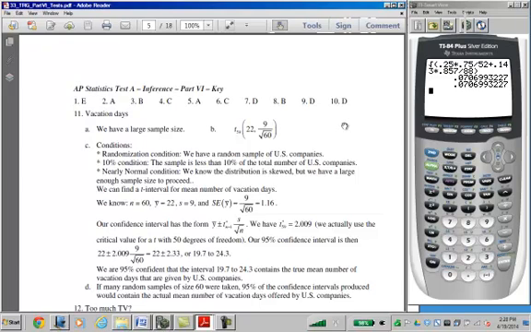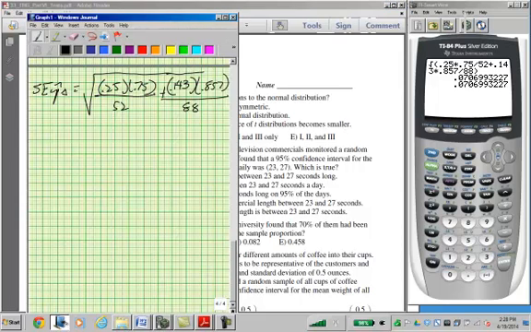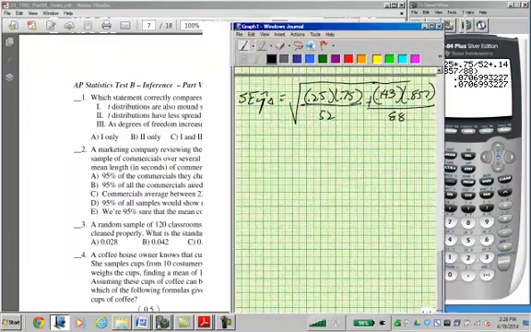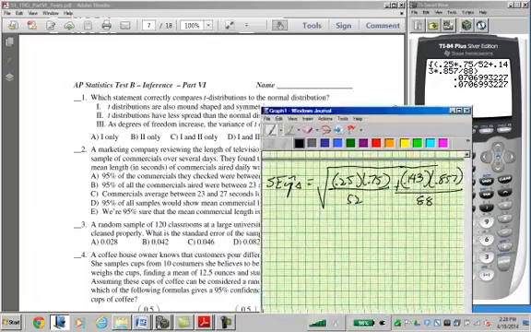Now, let's check the other tests. The other tests have proportion problems on them. Number 3 is a proportion problem. Random sample of 120 classrooms, found that 70% of them had been cleaned properly, with standard error of the sample proportion. We're doing 120 and 0.7.